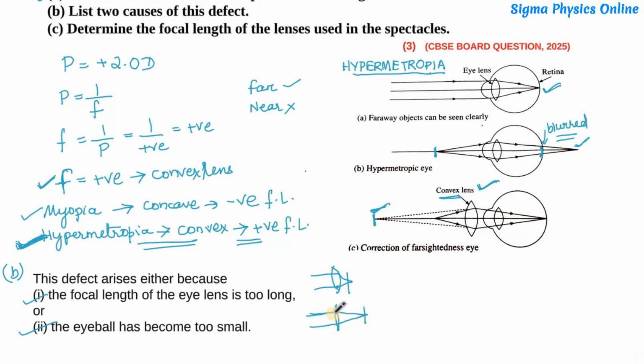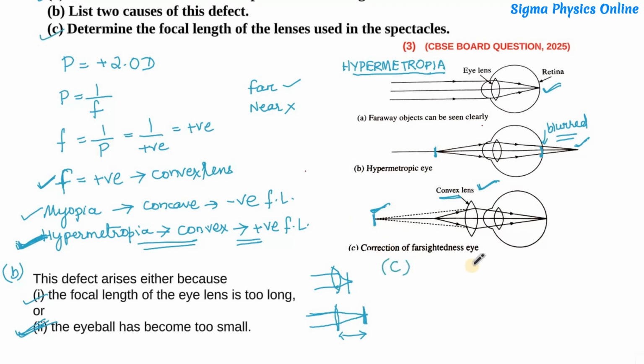So if the focal length of this eye lens increases, the rays after refraction meet at a greater distance. So the image is formed behind the retina because of this defect, and hence a blurred image is formed. The other reason is that the eyeball has become too small. So that is another reason for a hypermetropic eye.